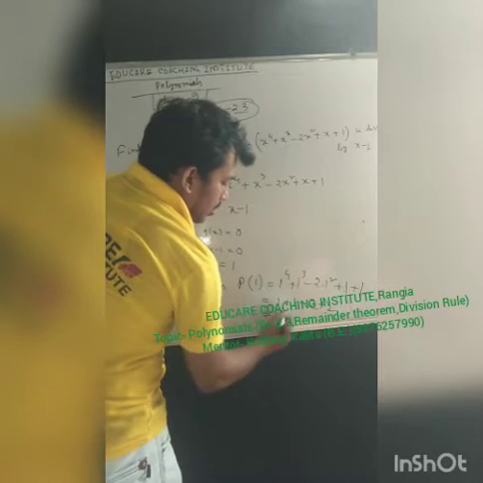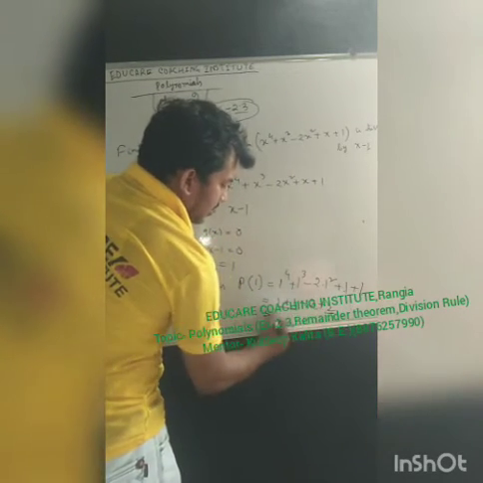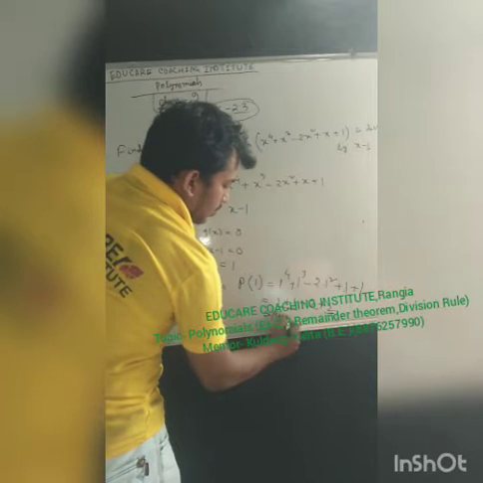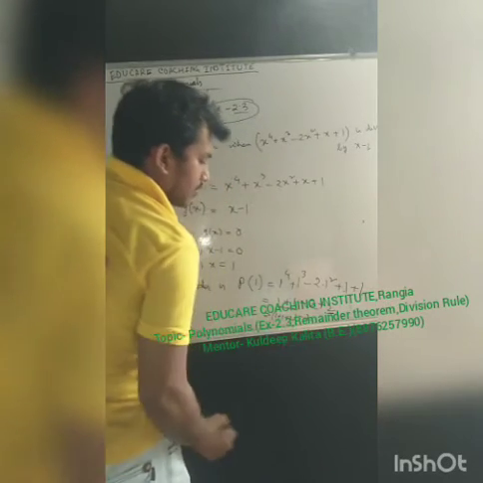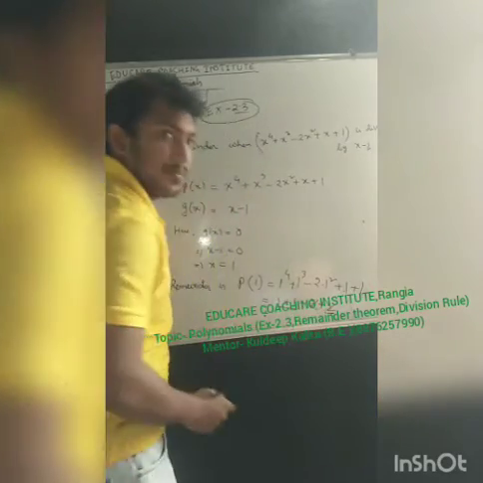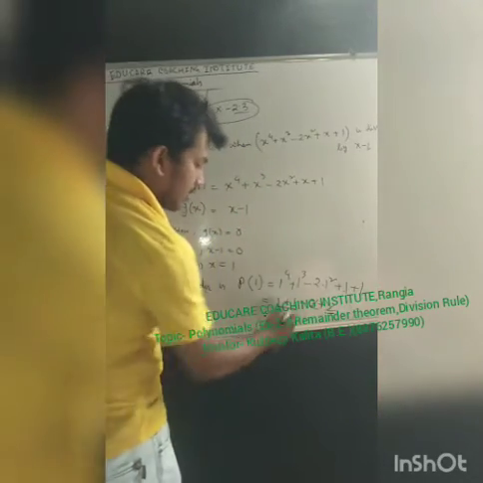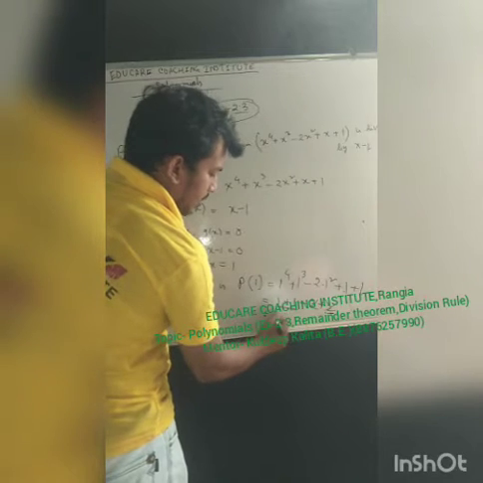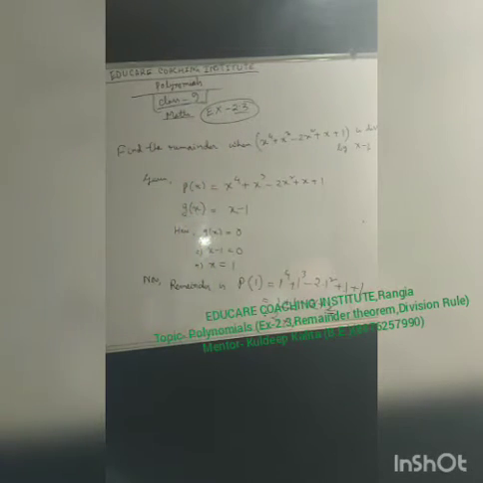Taking the plus terms together, 1 plus 1 plus 2, after that minus 2, or 2 and minus 2 cancel. It remains 1 plus 1, which is 2. So P(1) is 2. That is the procedure. Have you understood?